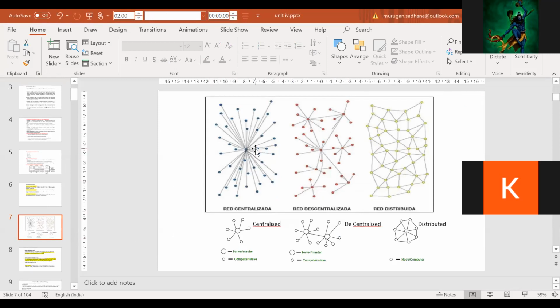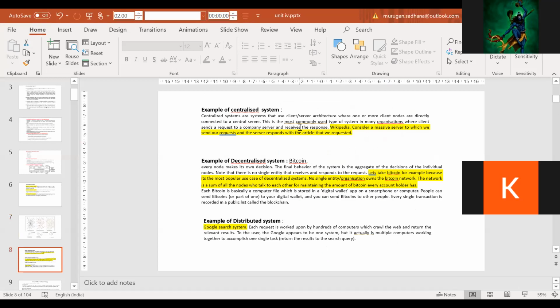Centralized means only a single system, decentralized means two or three more systems, and distributed is the way of communicating across many. Centralized system, Wikipedia is the example. Decentralized, Bitcoin, I told you, or each and every time you swipe the card, it will be communicated to the other network, through which the amount will be deducted or saved to the particular account. And the distributed system is Google search.